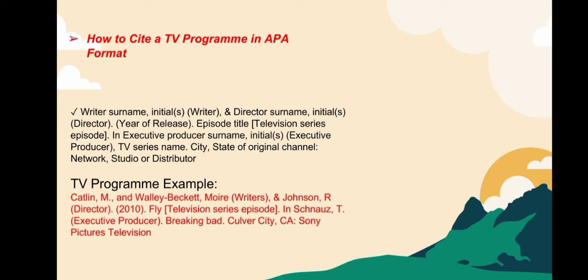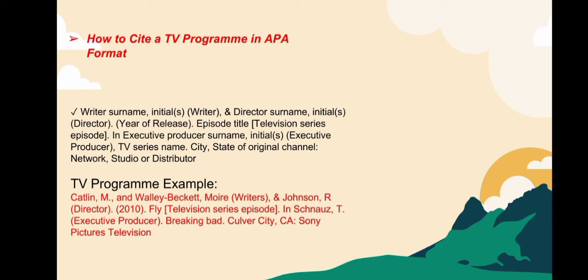So for example, we have Kathleen M. and Wally Beckett. Then we have the last name, which is Moore. I guess it's French. Moore, the writer. Then we have Johnson, the director. The year of release, 2010. Fly, the television series episode. That's the name, Fly.